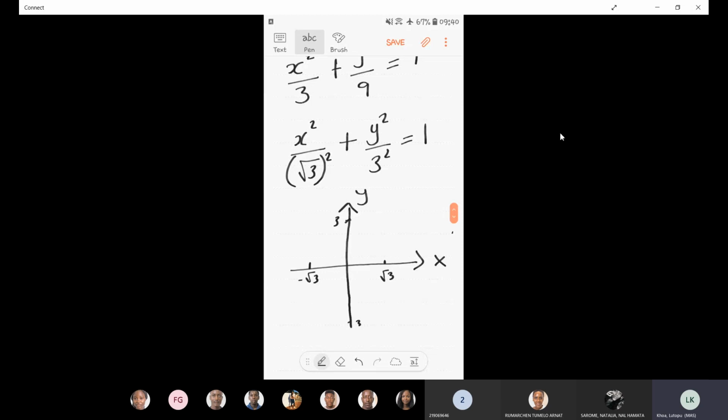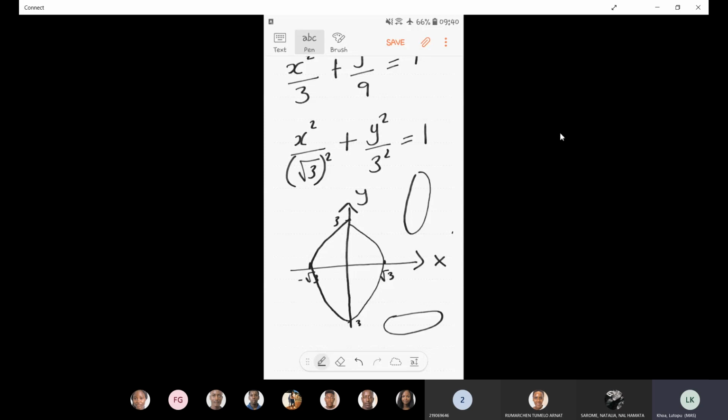And then you join the points like that, so it should be smooth. So on your graph it'll look better, but it should be like that. It should be vertical, because the y-axis is longer than the x-axis, so it's not like that.